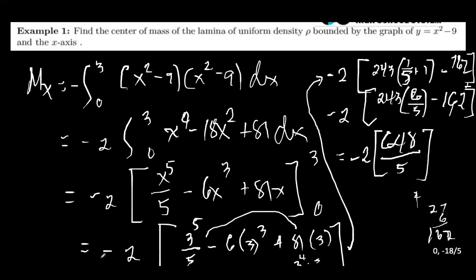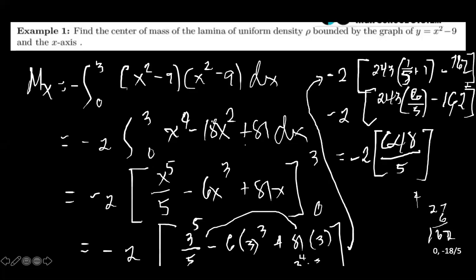So we have identified m of x and m of y. Now let's solve for the center of mass of the lamina. We have already identified m of x and m of y, so let's just copy.